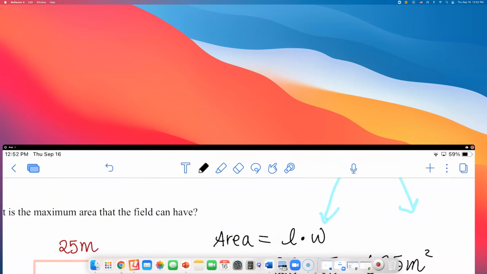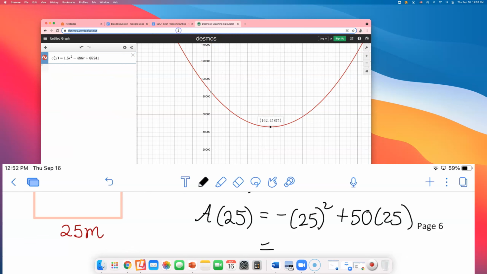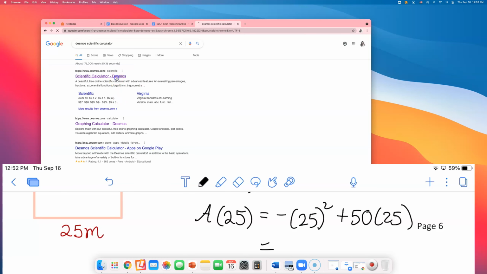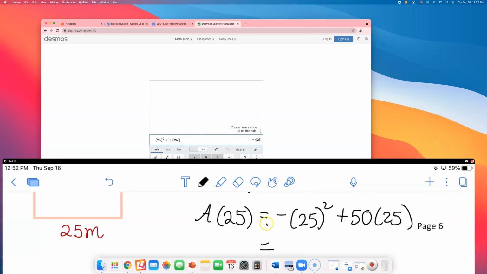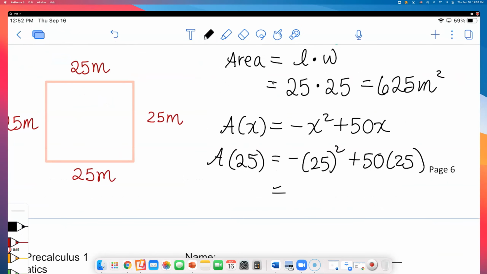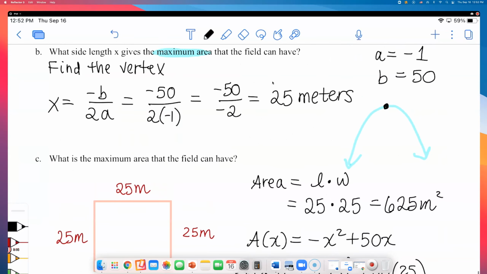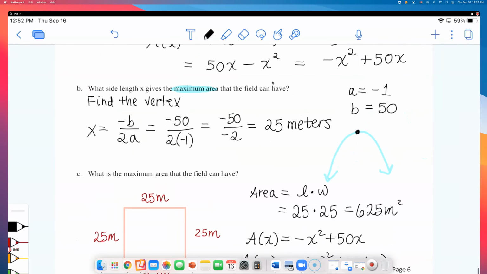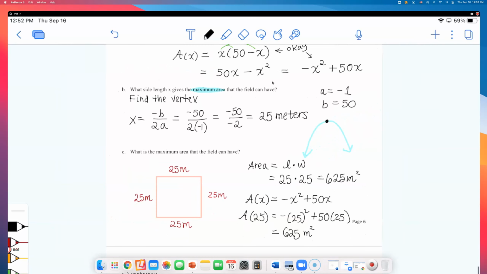I should probably go to the most scientific calculator. All right, I'm typing in negative 25 squared plus 50 times 25. And look at that, that also comes out to be 625. So plugging it into the area function that we wrote in part B works perfectly. But I wanted to just draw the diagram, figure out the dimension, and use the geometry formula. Both ended up with the same answer, so it's your choice, okay?